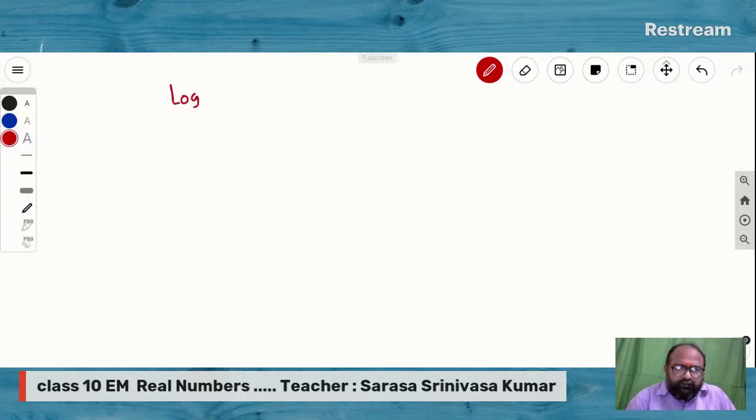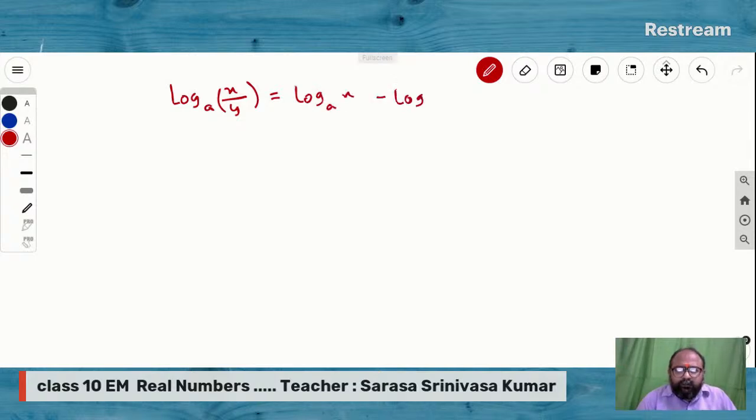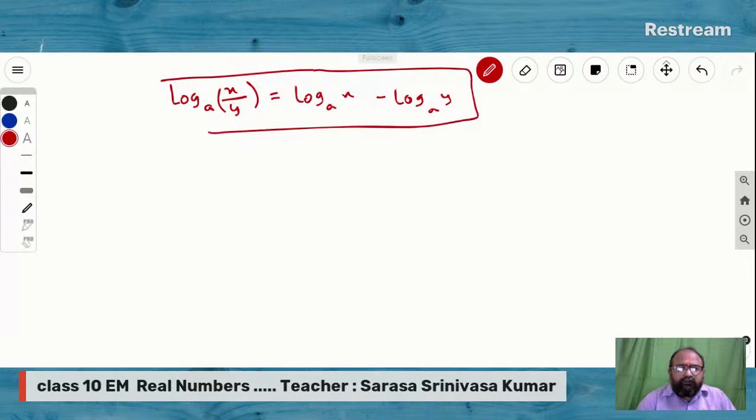Logarithm of x by y to the base a equal to log x base a minus log y base a. So these are very important results. So we must prove this.